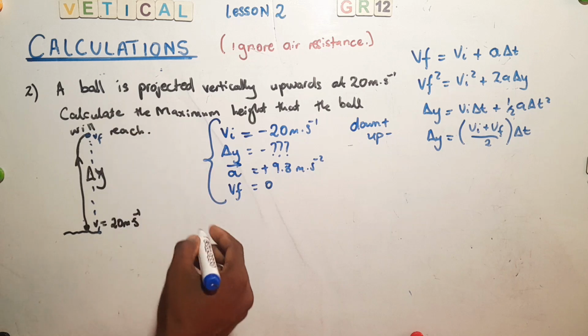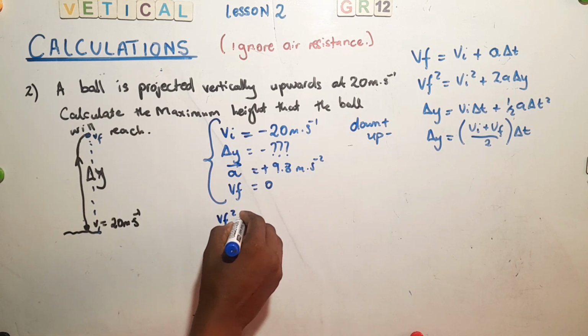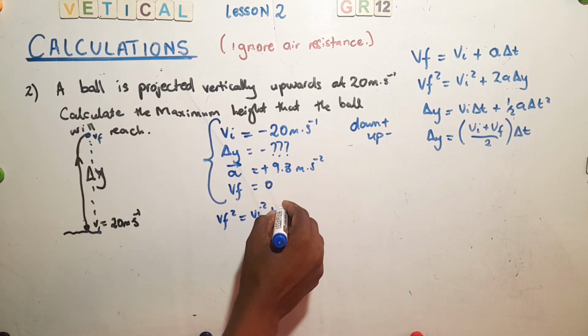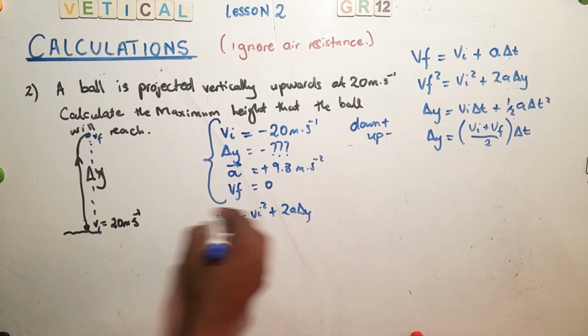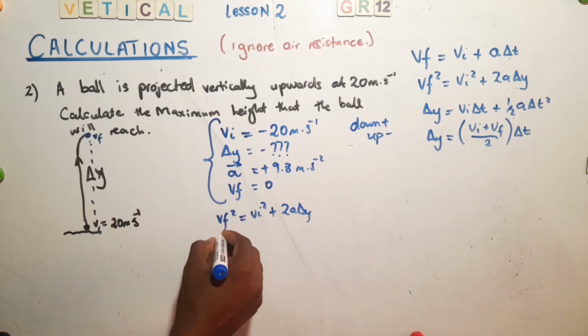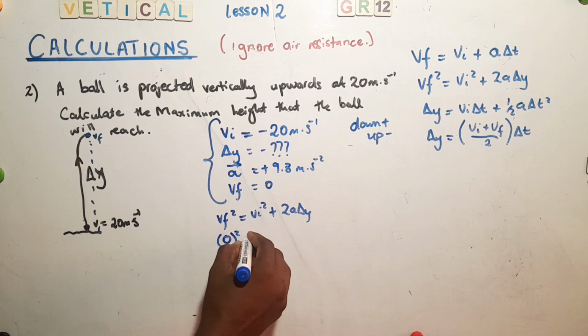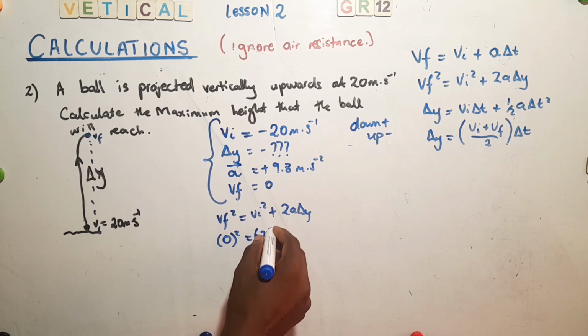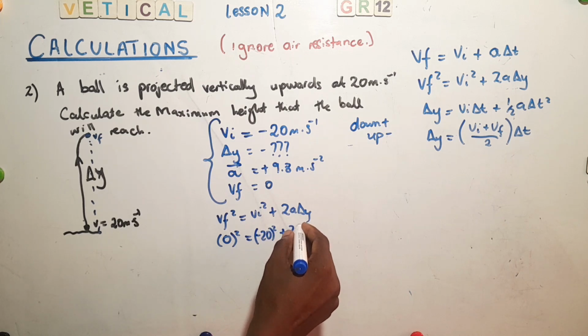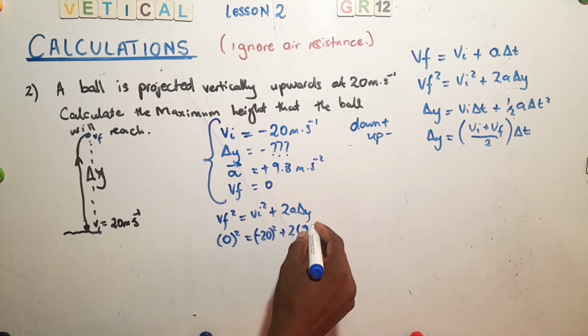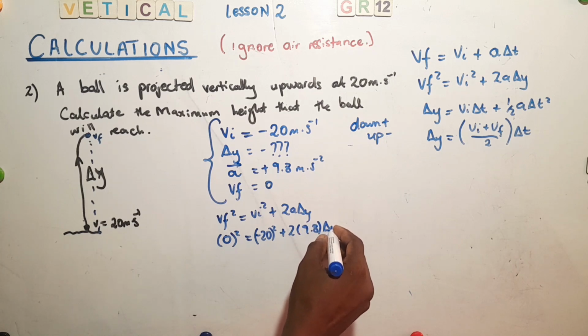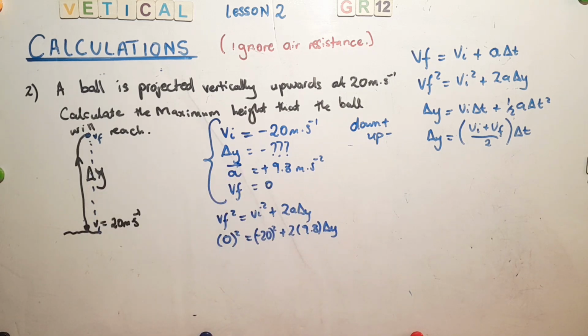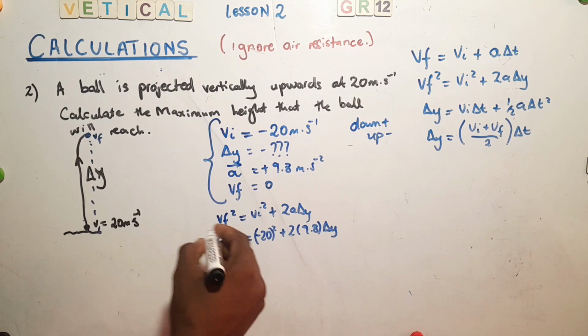So now our Vf squared is equal to our V initial squared plus 2 acceleration change in y. So our final velocity is 0, so 0 squared, and initial velocity is negative 20 squared, plus 2, and our acceleration is 9.8 multiplied by the displacement. So now it's left for us to calculate.